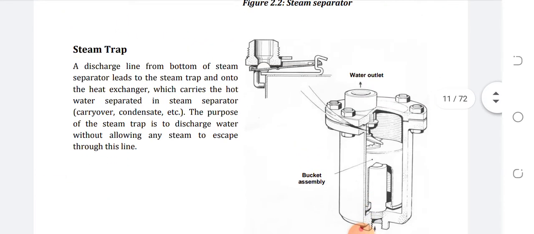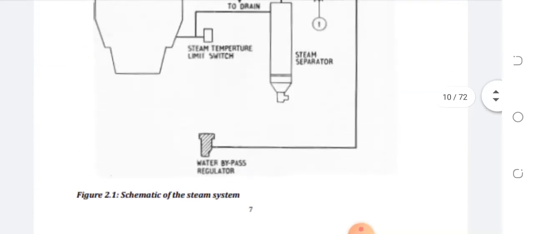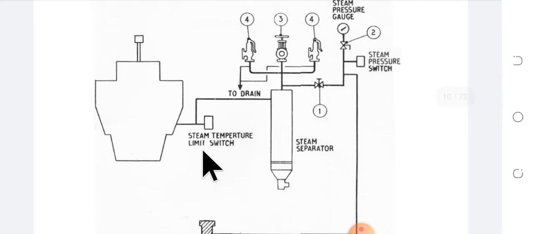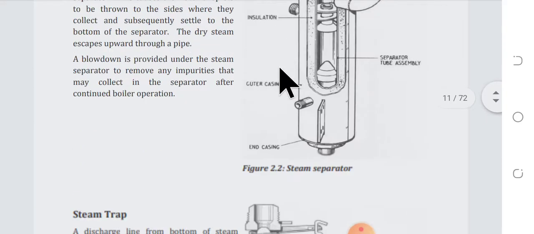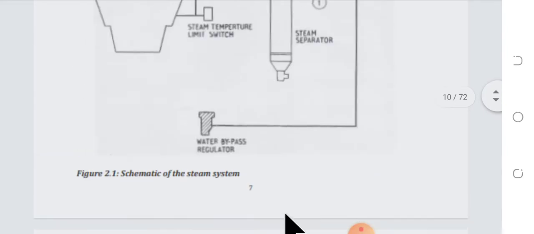Now coming to the steam trap. What is the function of a steam trap? The steam coming from the boiler goes toward the steam separator, and from the bottom of the steam separator the steam trap is connected.